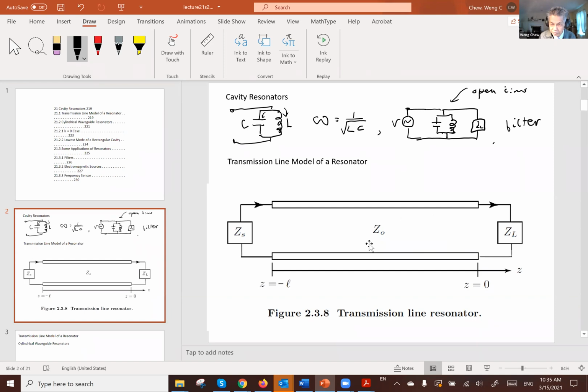Imagine a wave bouncing back and forth between the two ends, and imagine that these loads are lossless so that they don't absorb energy. Then the wave can bounce back and forth forever, giving rise to a resonant condition, very much like the energy in the LC tank circuit going back and forth between the inductor and the capacitor. But this is the energy bouncing back and forth inside a transmission line waveguide.